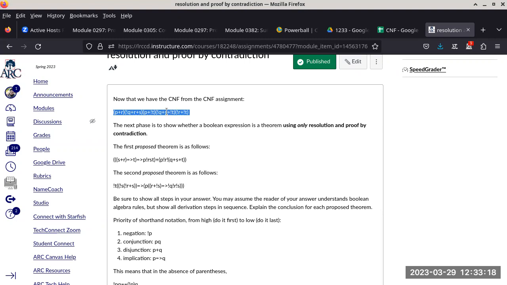And then the second thing, for each step, is phi, the proposed theorem. Your job is to prove whether this is indeed a theorem or not, based on what you're given that is true to begin with. Are we good so far between what is psi and what is phi?